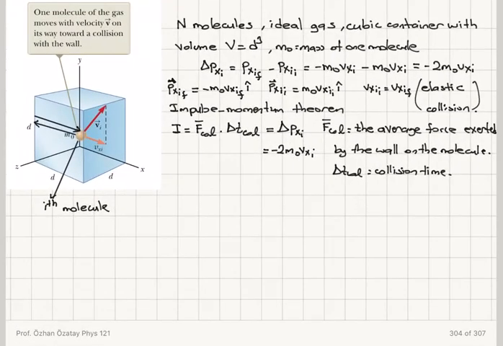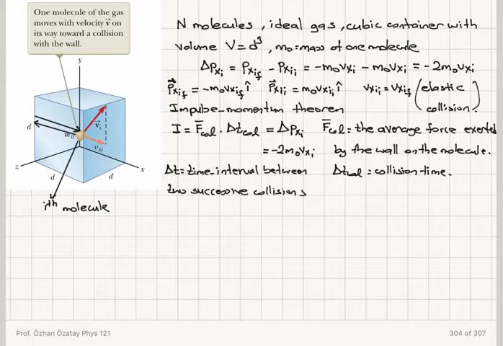So the distance traveled is 2d. I call delta t the time interval between two successive collisions.